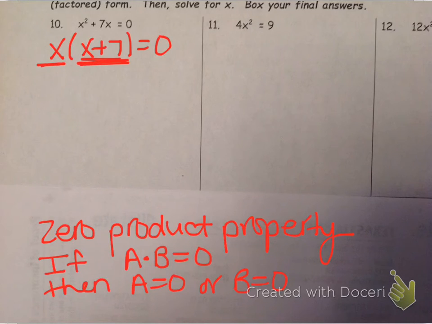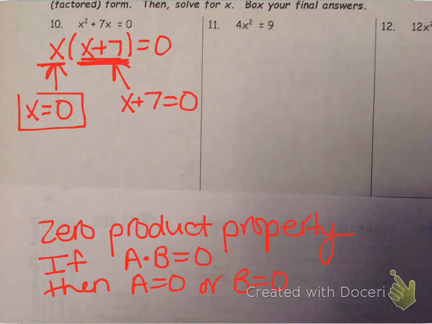What the zero product property says is if these two things multiply together to equal 0, then either this first factor is equal to 0 or this second factor is equal to 0. And so that means x equals 0 is one of our solutions, and x equals -7 would be our other solution.